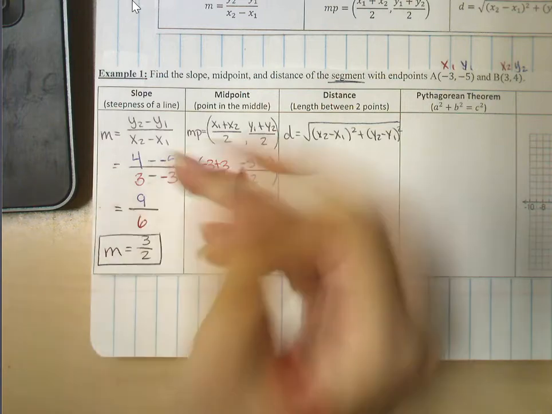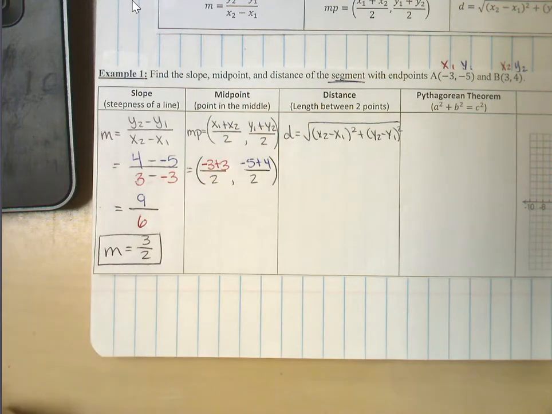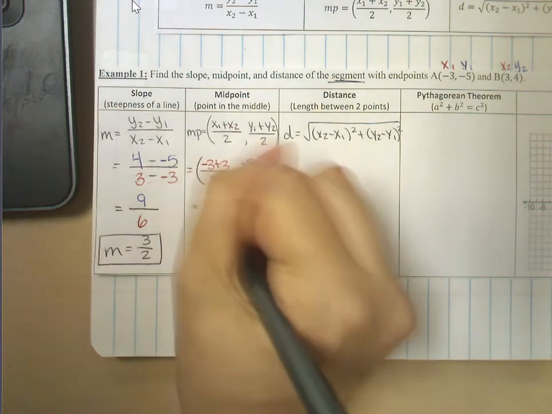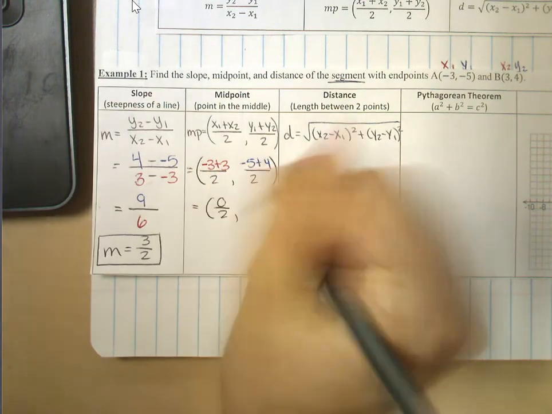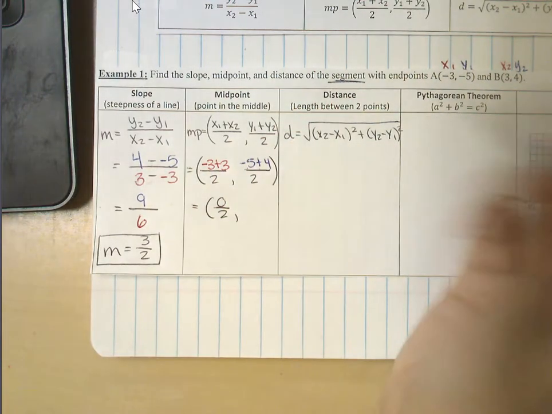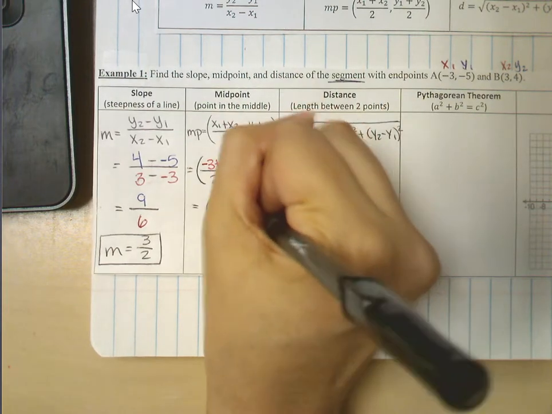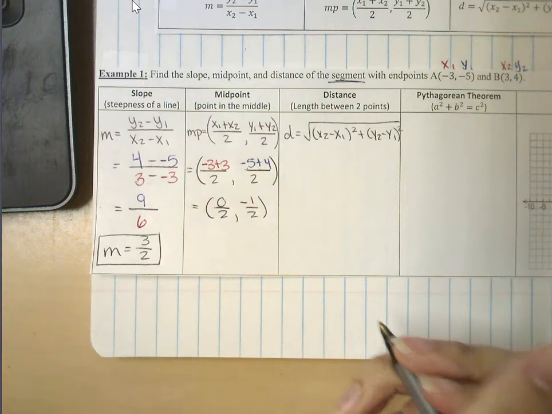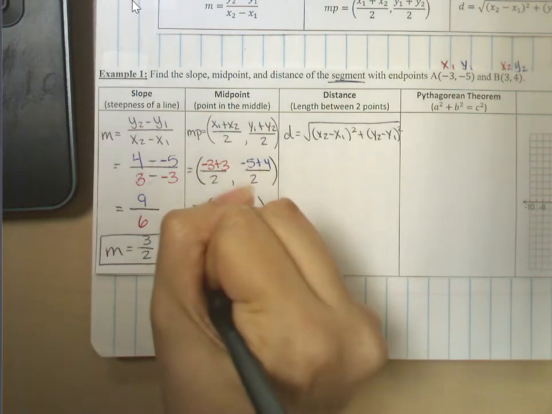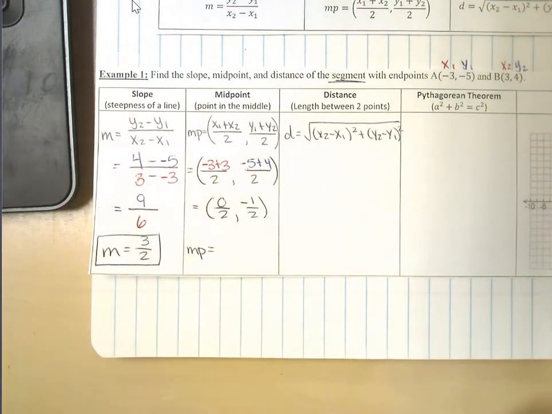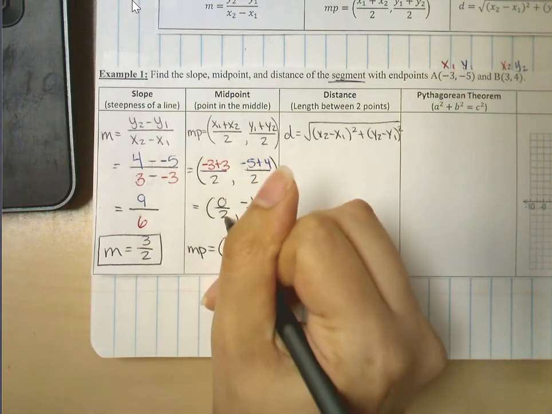Gonna add them. -3 plus 3, that's gonna give me 0. Negative 5 plus 4, this is going to give me negative 1. And then all I have to do now is divide. So my midpoint is 0 divided by 2 gives me 0.